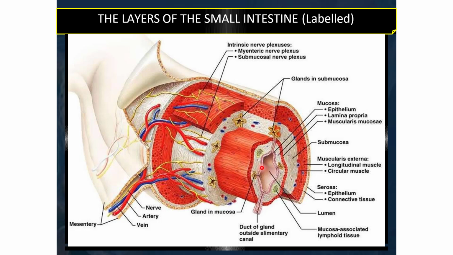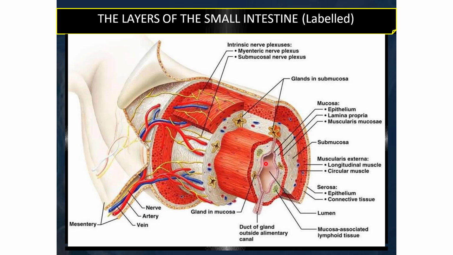So this is the mucosa and this is the submucosa. This is the inner circular layer, and this is the outer longitudinal layer, and then the visceral layer of the peritoneum. So that is how these layers are arranged, and these have been sectioned to show you the three-dimensional arrangement of this tube, which has a lumen.